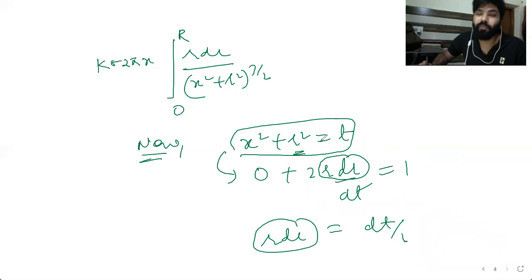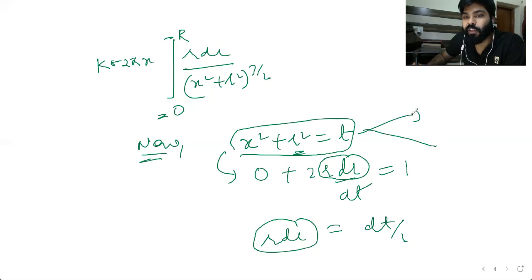And when we do substitution, we have to change our limits. This is the lower limit of R and this is the upper limit of R. Put this upper limit and lower limit in this expression, and you will get two limits of T. When you put R equals 0 and when you put R equals capital R, you will get the lower limit as X square and the upper limit as X square plus R square.